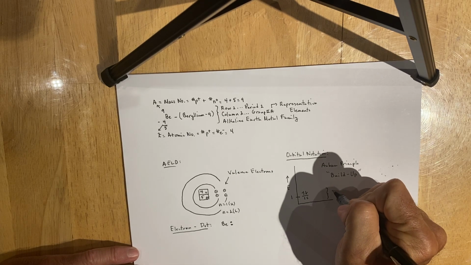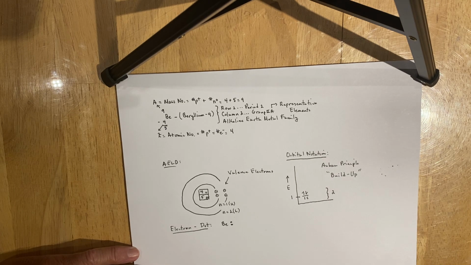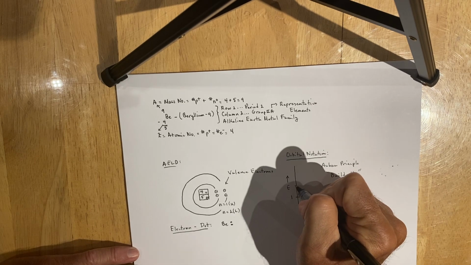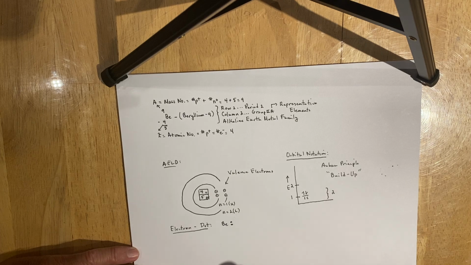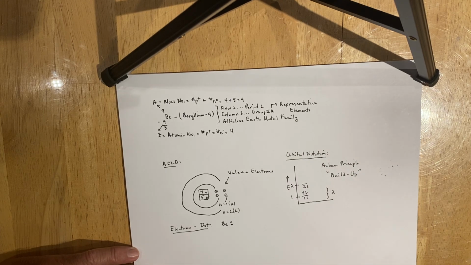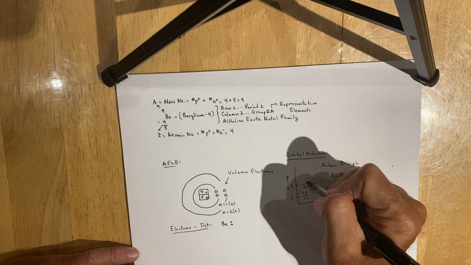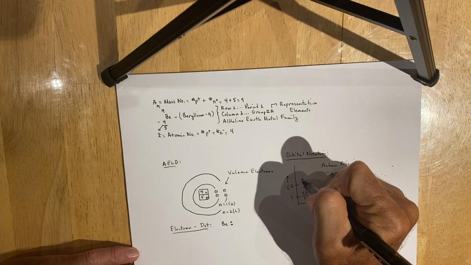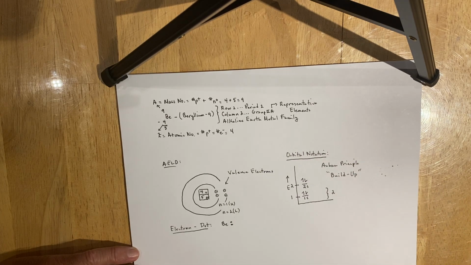Once the first energy level has its full complement of electrons, we go ahead and start filling the second energy level, which according to quantum mechanics also has an s sublevel called the 2s, which can hold two electrons.